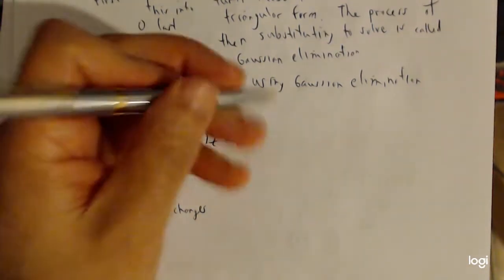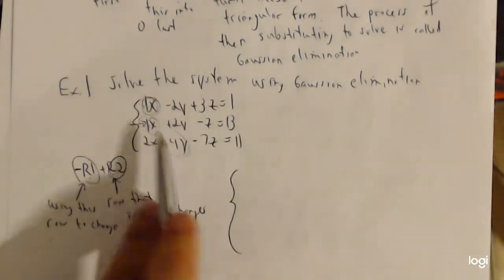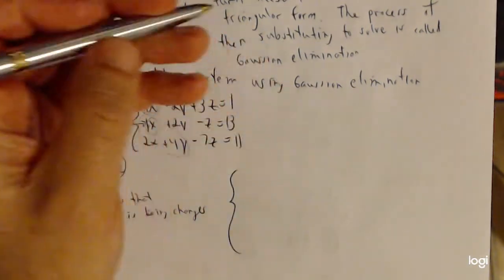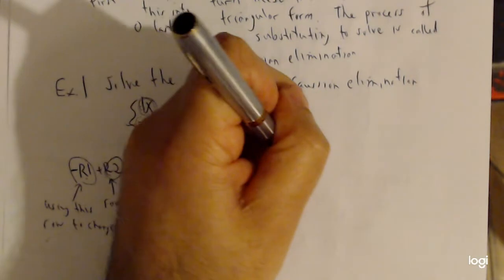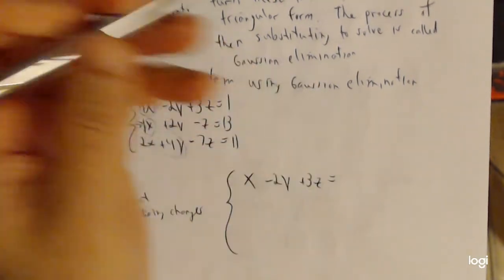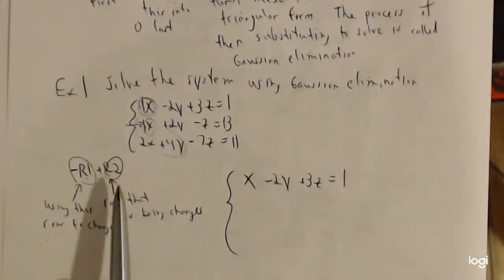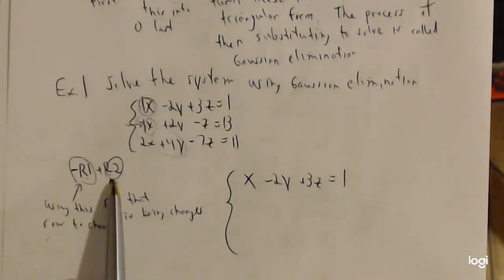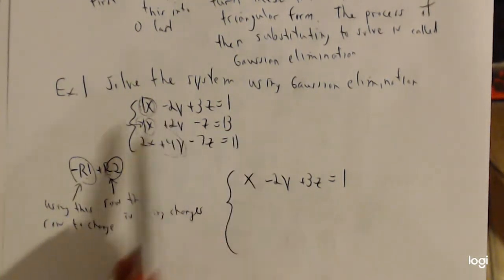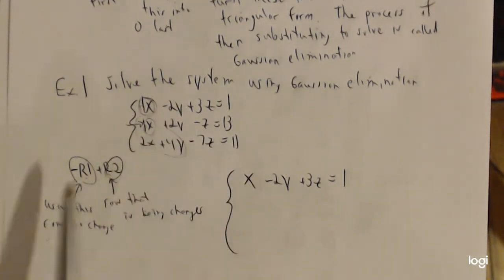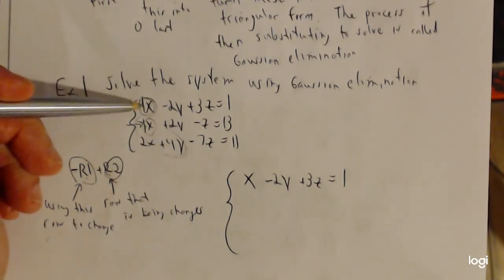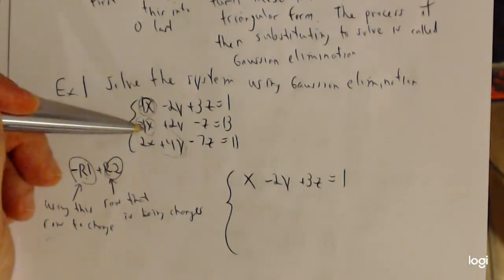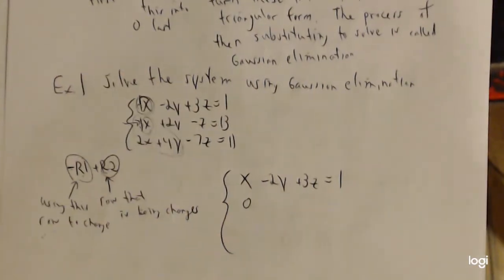So the way this system is going to look now is, row 1 is not changing, so it'll still just be x minus 2y plus 3z equals 1. Now I'm changing row 2. I'm going to grab row 1, multiply it by a negative, and then add it to row 2. So negative times 1x is negative 1x plus 1x, that's 0. And that's how we're getting our zeros.